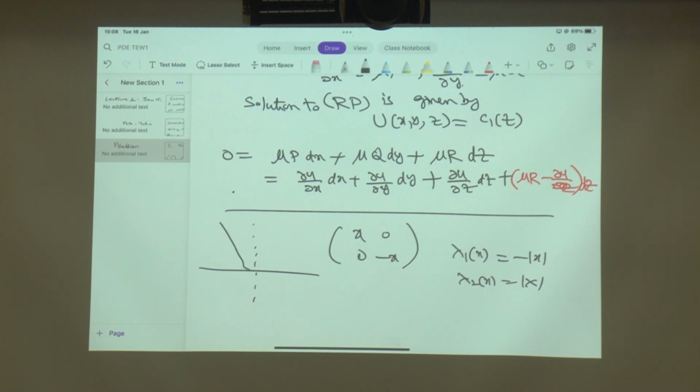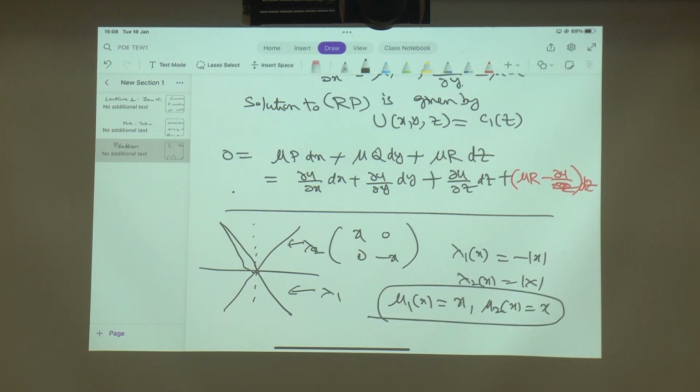So one is this, the other is this. This is your λ1 because this is the smaller one. This is your λ2. But it has a good description also. Let us call μ1(x) = x, μ2(x) = −x. This is a beautiful, smooth description of the eigenvalues. Whereas if you insist on the order λ1 ≤ λ2, smoothness is destroyed.